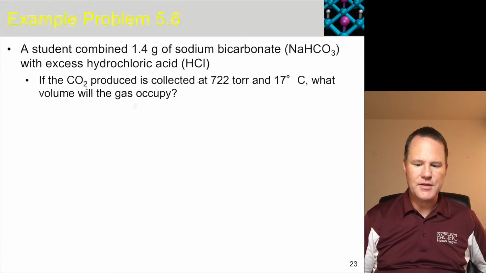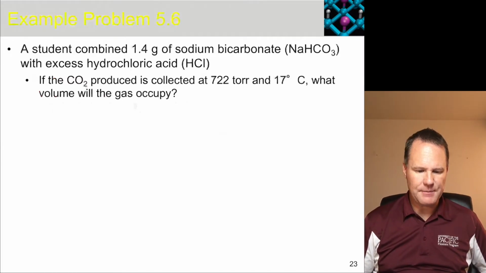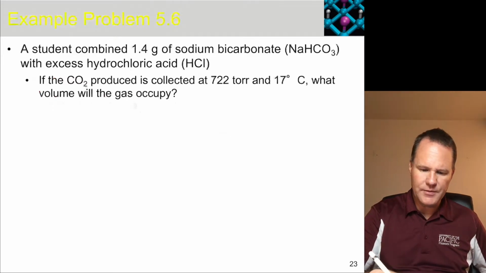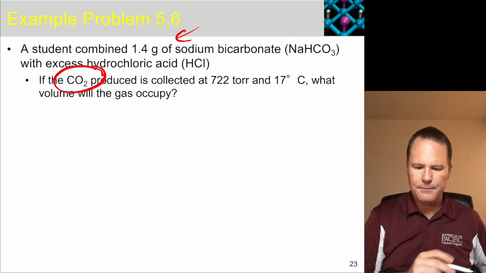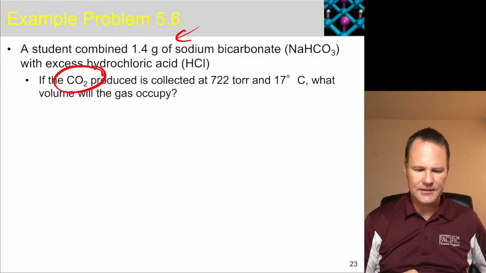But let's just go with an arbitrary pressure and arbitrary temperature. I start out with 1.4 grams of sodium bicarbonate, and I react it with hydrochloric acid, which is in excess. So all I have to use is the moles of the sodium bicarbonate, and the question is not the grams of the product CO2, but I want the volume of the product.